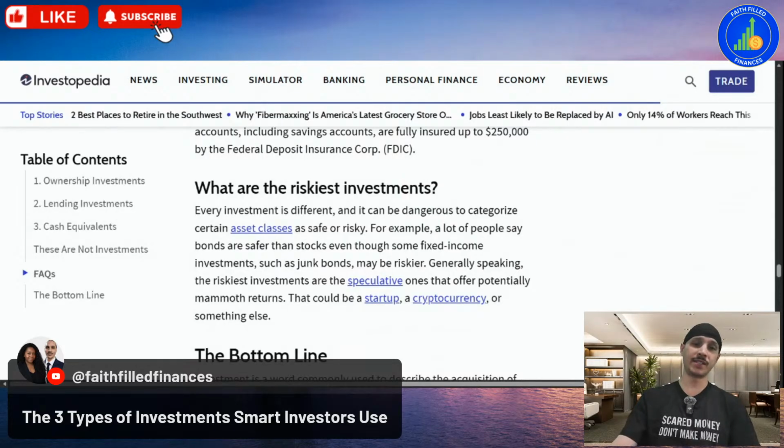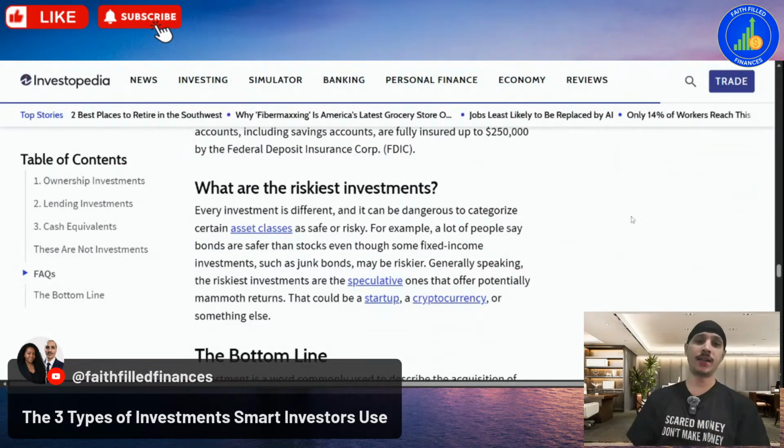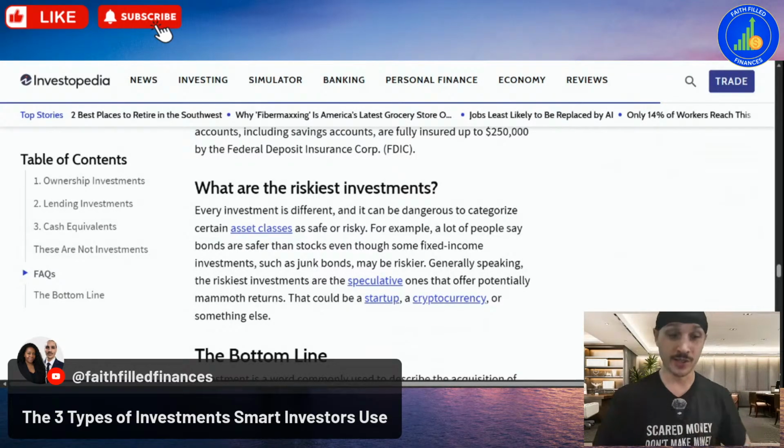Yes, I hear this said so much, that bonds are safer than stocks. I hear this said a lot, family. But let's get into this. Generally speaking, the riskiest investments are the speculative ones that offer potentially mammoth returns, big returns.